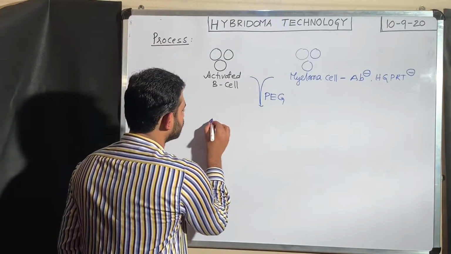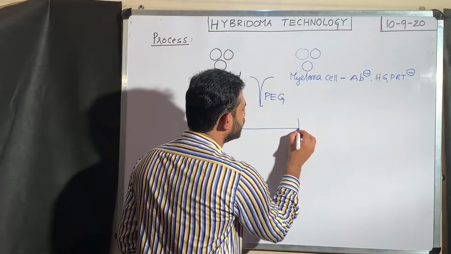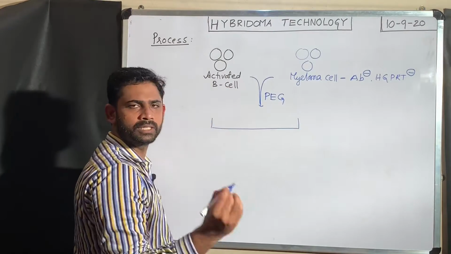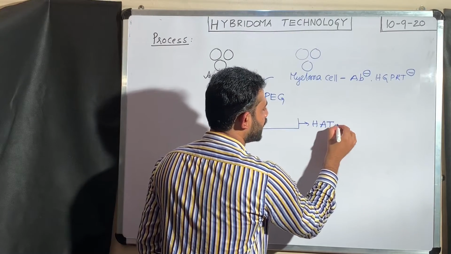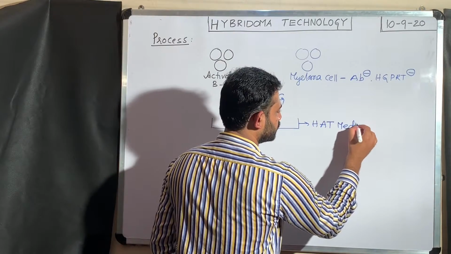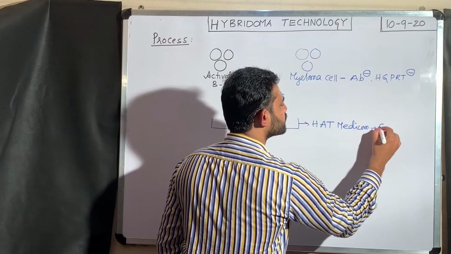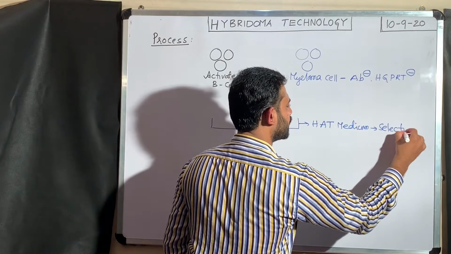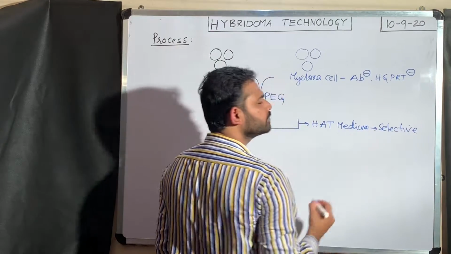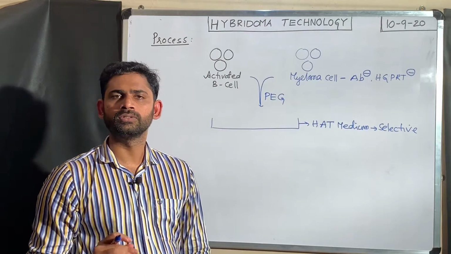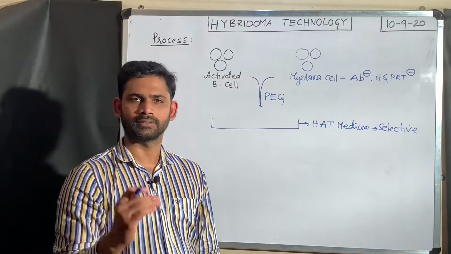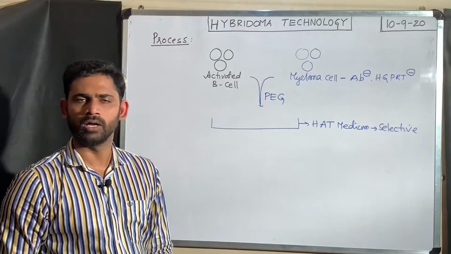These cells are going to grow in the medium, which is a selective medium. That medium is the HAT medium. This HAT medium is a selective medium. I will explain what is the meaning of selective medium. Selective medium allows growth of particular cells, you can call them organisms also.